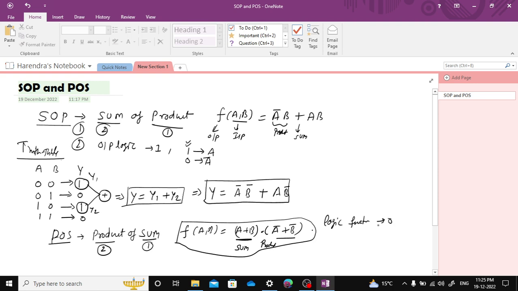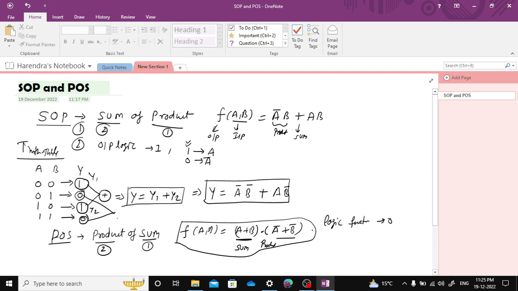ओके और POS के लिए जो हमारा लॉजिक रहता है, your logic function is, or you can say logic output is 0. So it means we have to consider the output values when it is 0. It means your final output depends on these two values, because for the given truth table your output is 0 when input is 0 1 and 1 1.